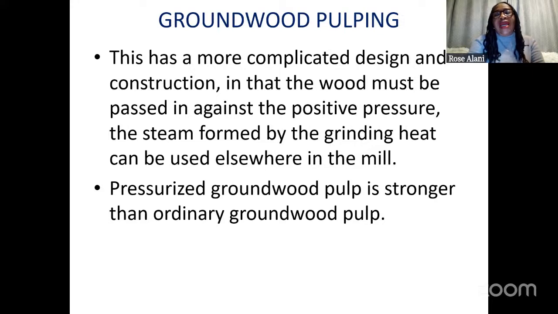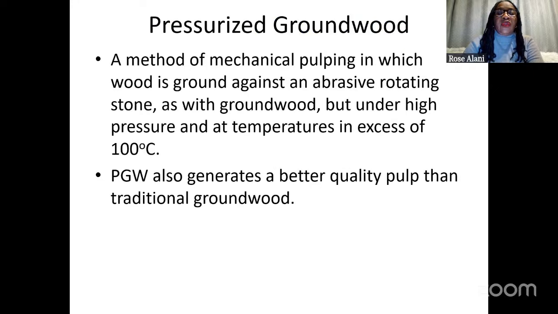So we have the conventional normal groundwood pulp, which I showed you that is using the magazine grinder. And then we have the pressurized groundwood pulp, which makes use of pressure, and steam is formed, and it's also useful there, and it can be used in another part of the mill or something else.